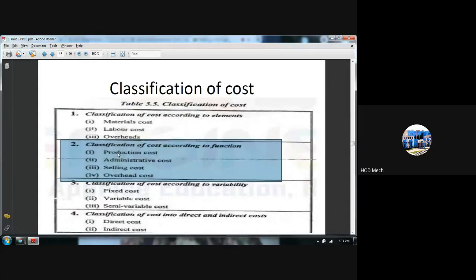Third one is selling cost. Selling cost means you have manufactured your product, but you want to sell it, and to sell it you need a location so that you can promote your product, right? For example, let us say a mobile phone. Mobile phones are manufactured by particular branded companies, say Apple, Samsung, Redmi, different phones.